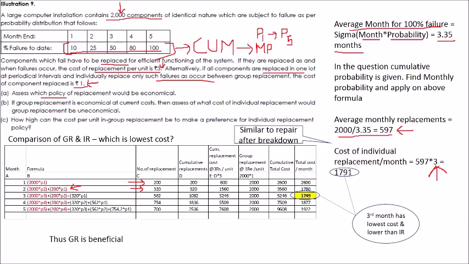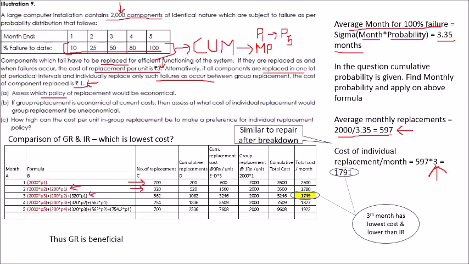So for the 320 I am replacing in the second month, the third month is going to be the first month for them. So 320 multiplied by P1, and for the 200 items which were replaced in the first month, this is the second month. So 200 multiplied by P2 and 2000 multiplied by P3. So this is a very simple formula, guys.